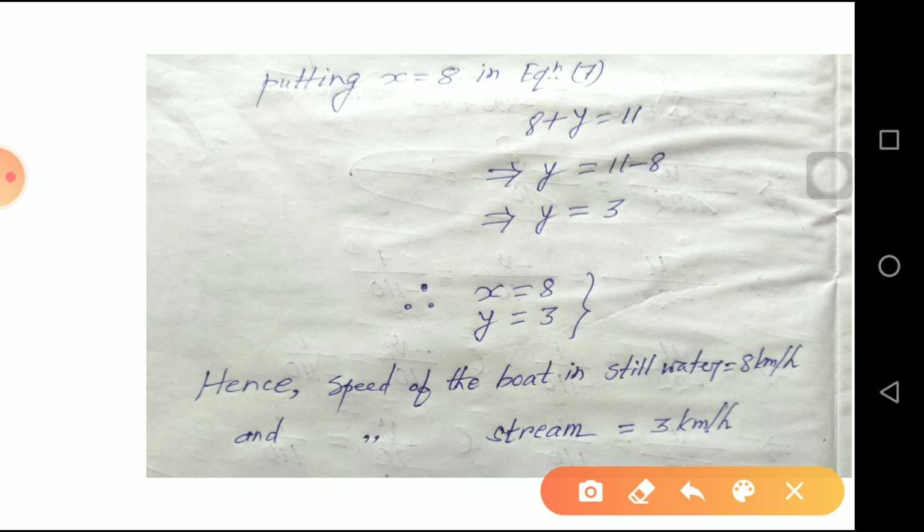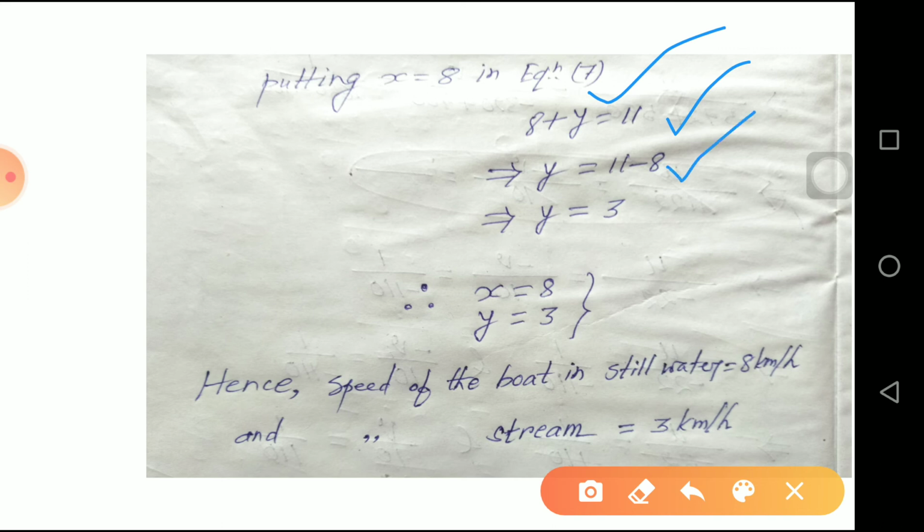Putting the value of x equal to 8 in equation 7. Equation 7 was x plus y equal to 11. Here we put value of x equal to 8. 8 plus y is equal to 11. This implies y is equal to 11 minus 8.